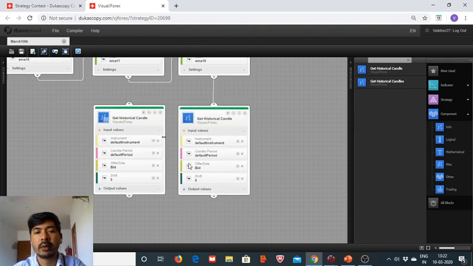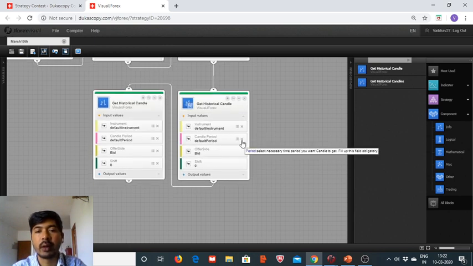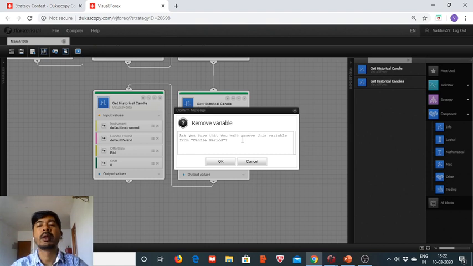Here the default instrument remains Euro USD, but the default time frame we will change to 1 hour, and we will consider the penultimate hour and the last hour.